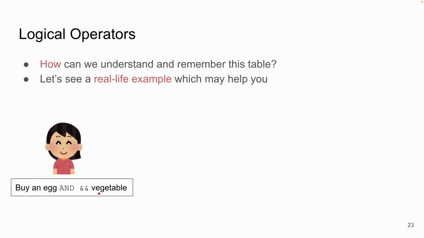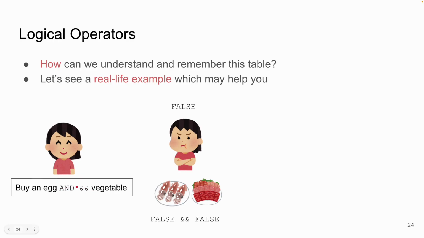That is the instruction, right? If I buy seafood and meat, then these two things are false based on the instruction I got, right? Because the instruction needs to be egg and vegetables. Here we have two false, so the result will be false.